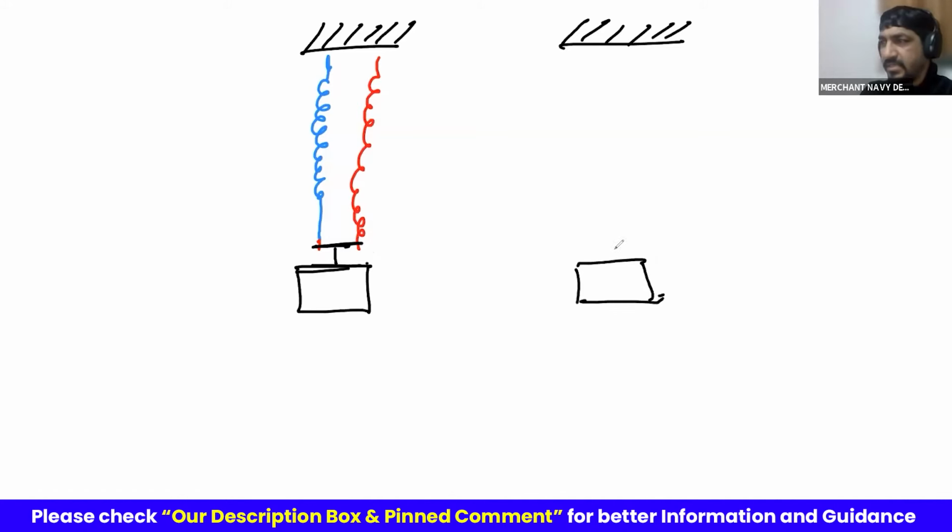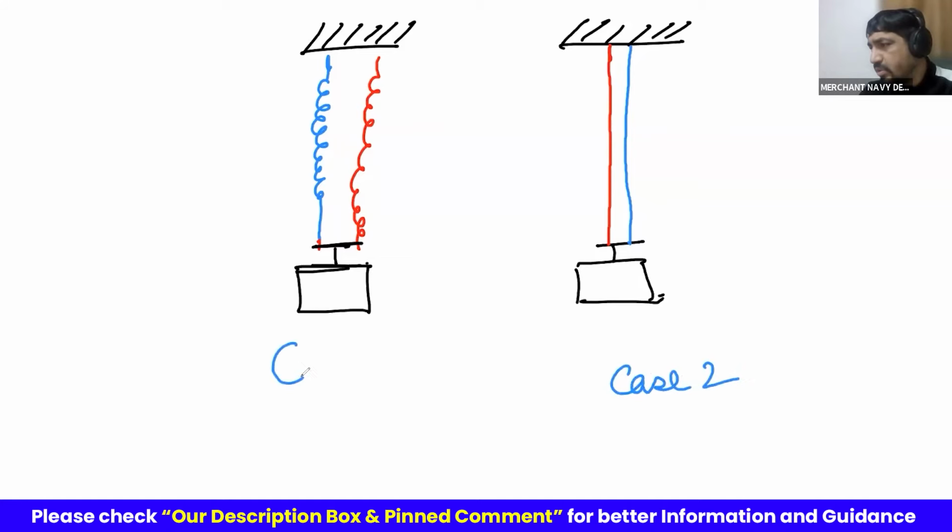In this case, they are simply straight wires, which don't expand or give way to the load. That means they are very rigid. So this is case 2 and this is case 1. In both the cases, the load is the same, weight W is the same.